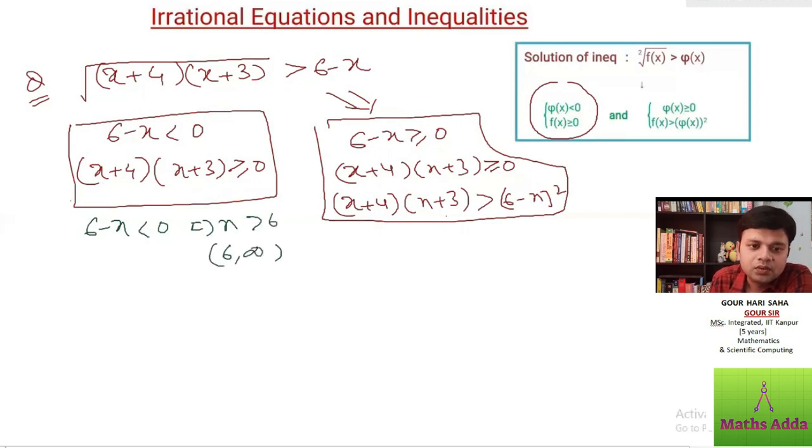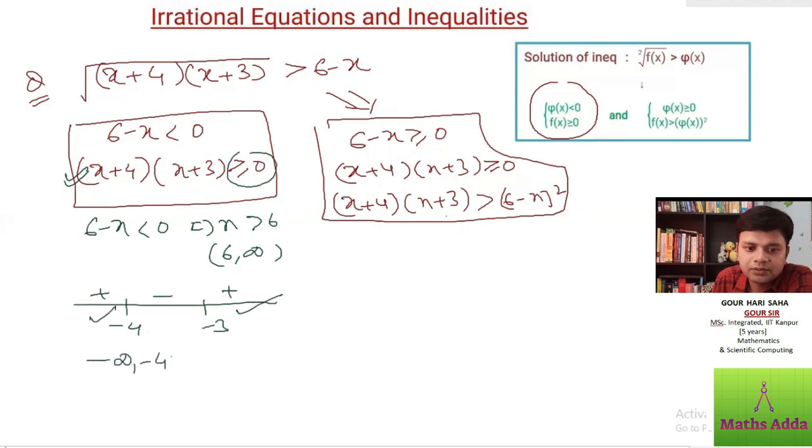Second, we can apply the sign scheme on this directly. Critical points minus 4 and minus 3, with signs plus, minus, plus. We are looking for greater than or equal to 0, so plus: minus infinity to minus 4 closed, because it is greater than or equal to, union closed minus 3 till infinity.